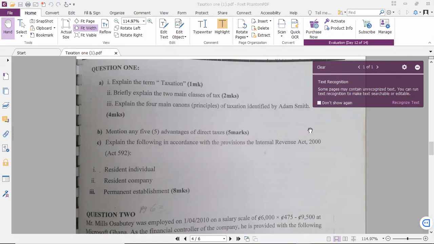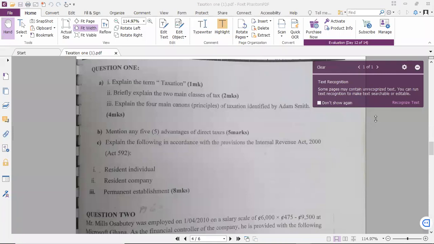A resident person may be a citizen of Ghana. That is one. So the fact that you are a citizen of Ghana, you are a resident person. You might not be a citizen of Ghana, but you live in Ghana for a continuous stay of 183 days.